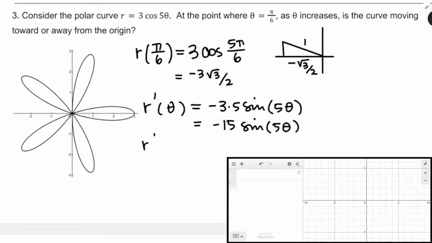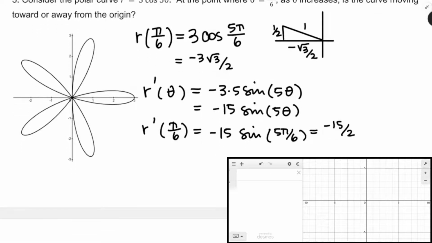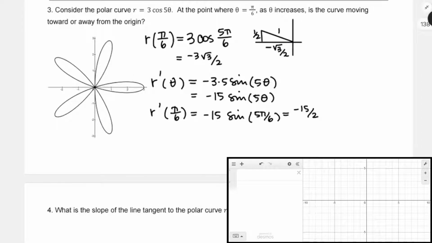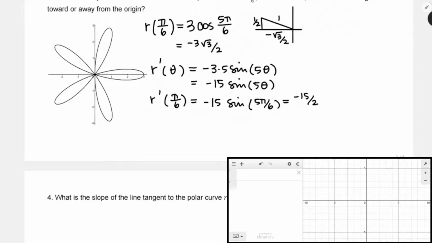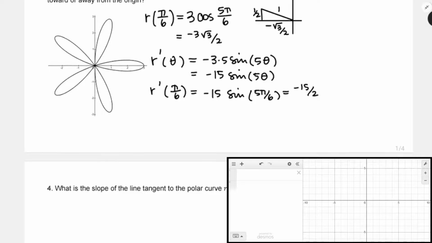Then r prime of pi over 6 is going to be negative 15 times the sine of 5 pi over 6. That's the vertical leg of that triangle, which is going to be 1/2. So negative 15 times 1/2 is negative 15 halves. And since r and r prime were both negative, r is negative and decreasing.